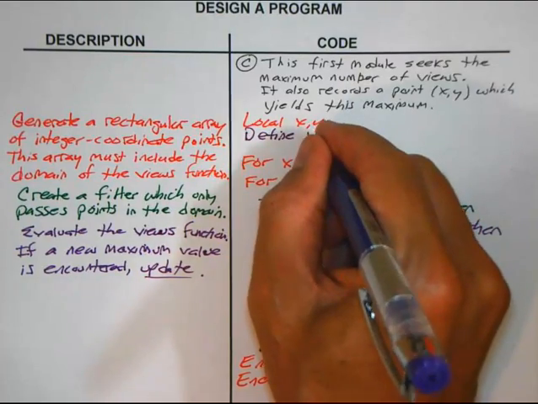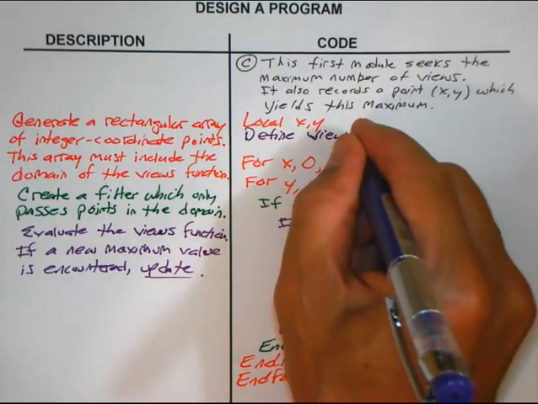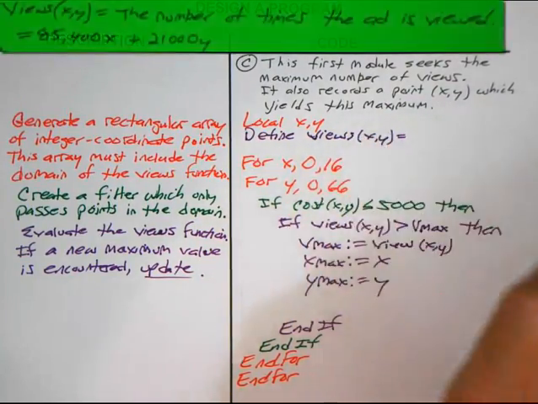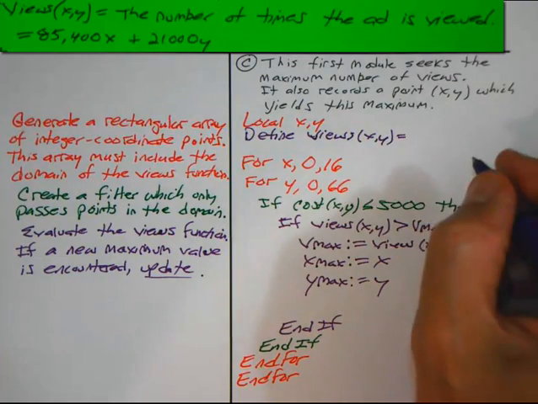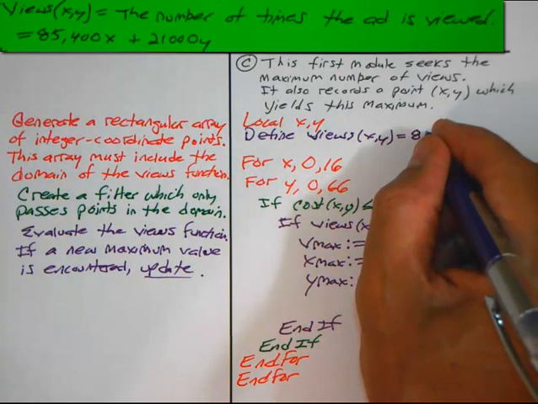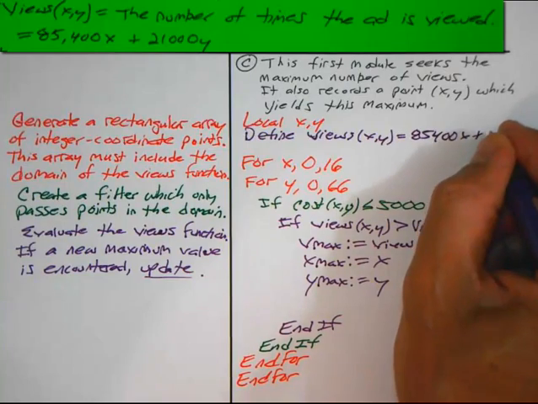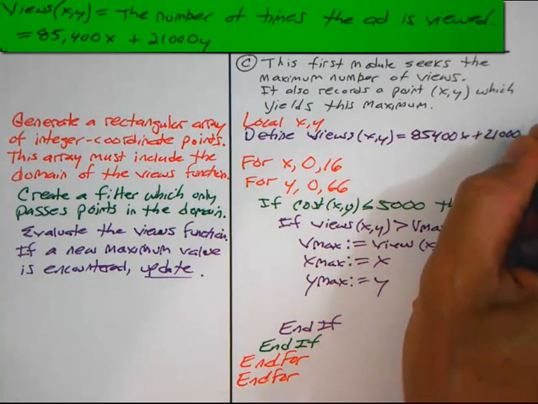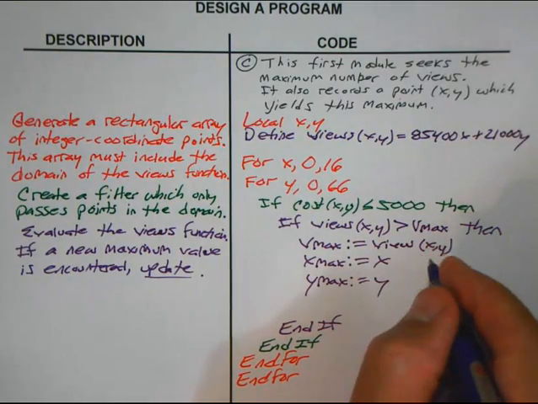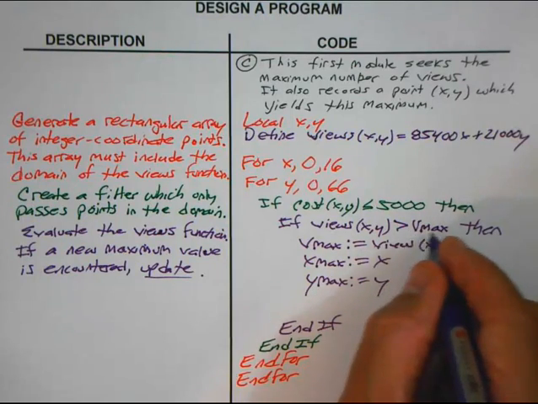Define views of x, y to be, just look at our initial formulation of this, 85,400x plus 21,000y.